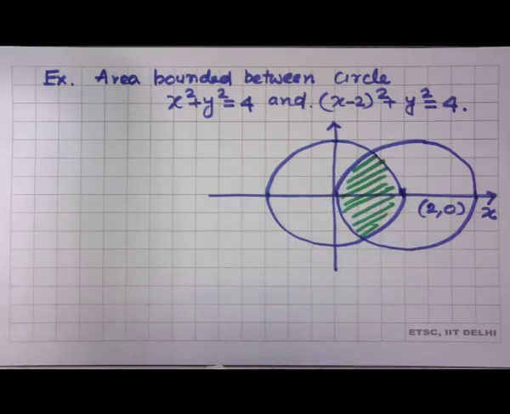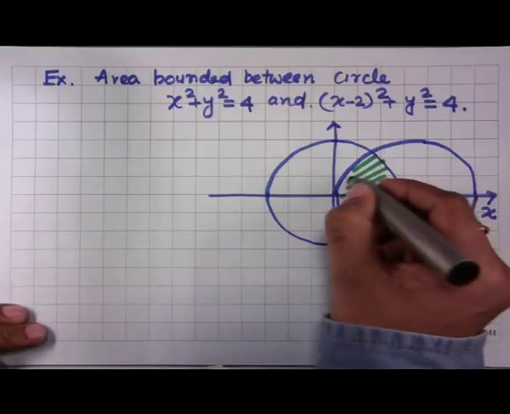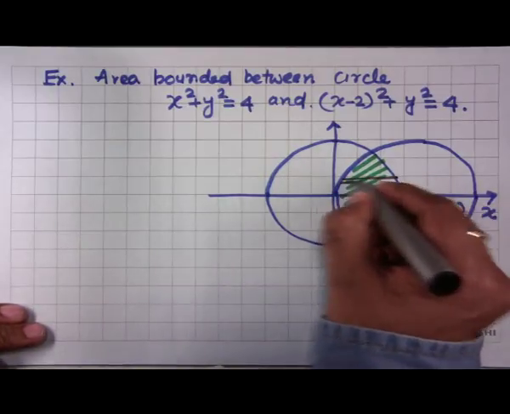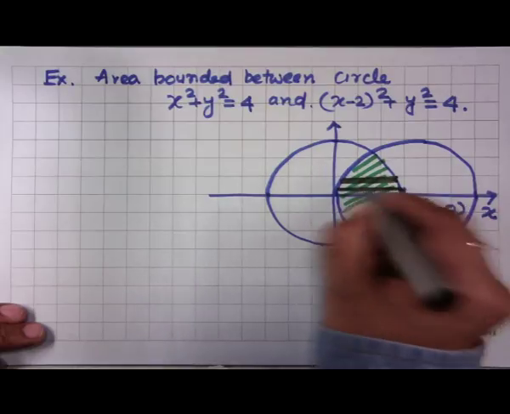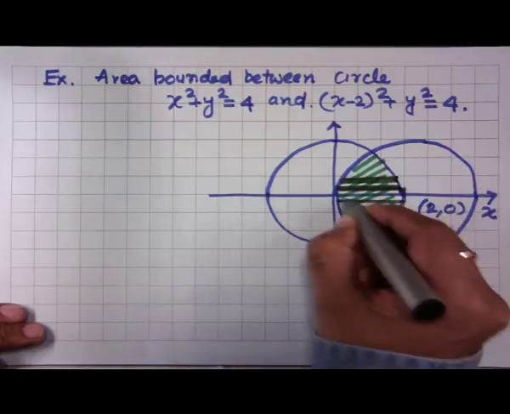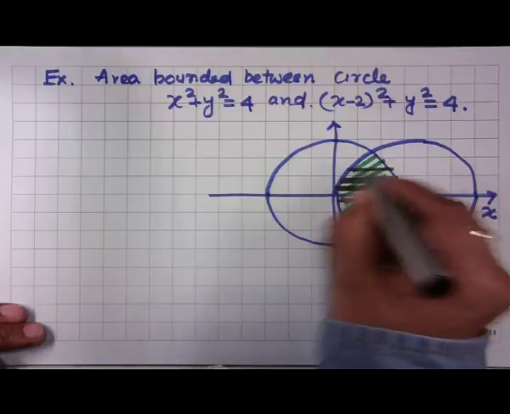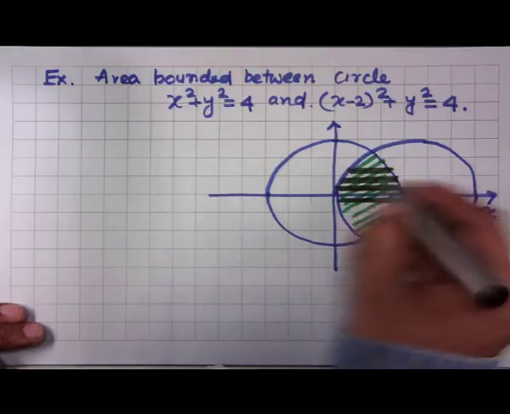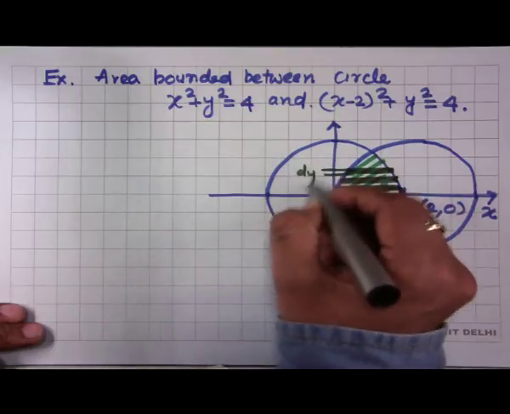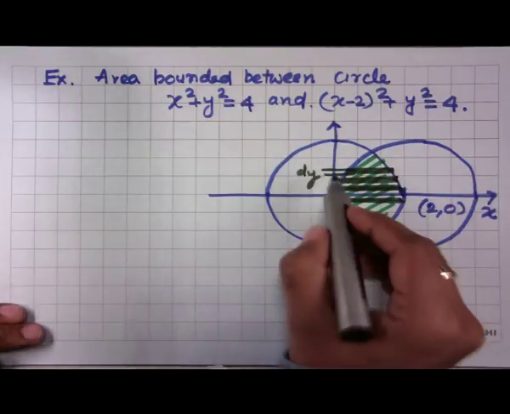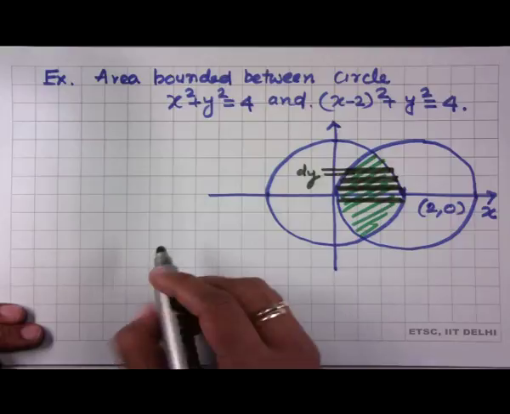To find out this, let us divide this area into very thin horizontal rectangles like this, and say this is dy, the width of one horizontal strip is dy.